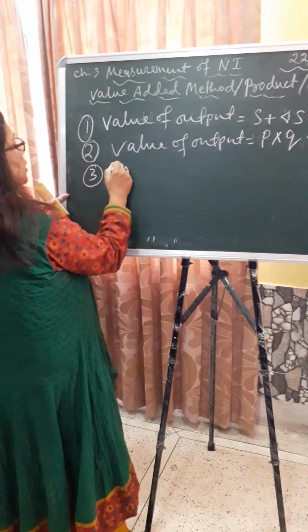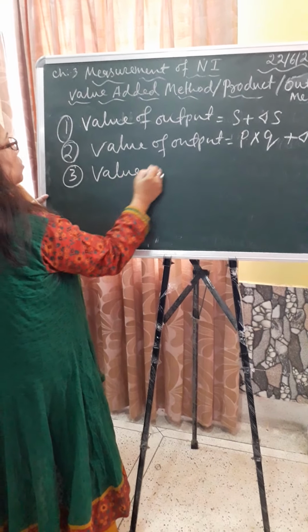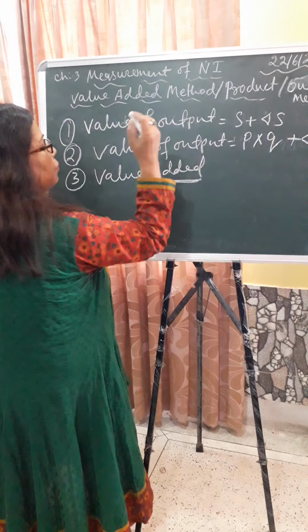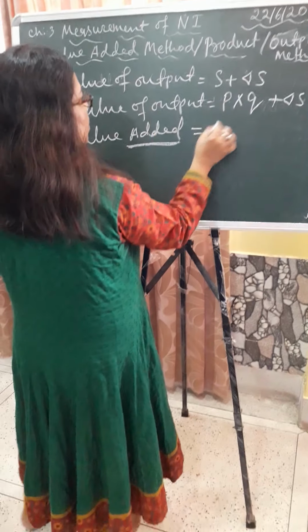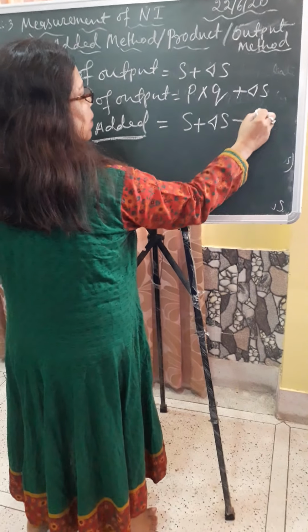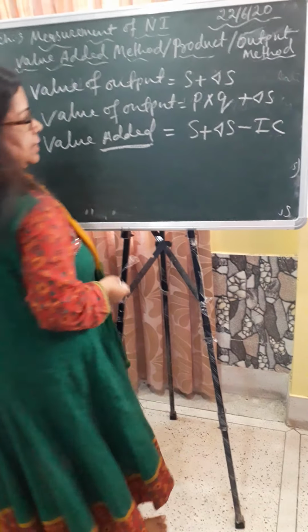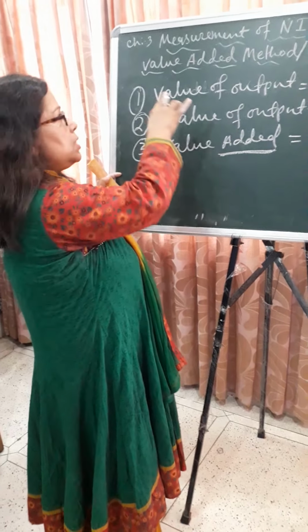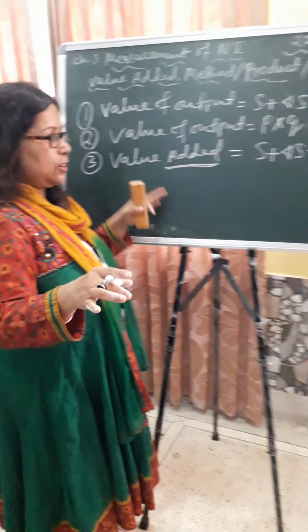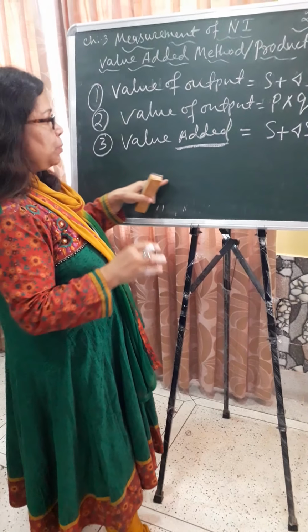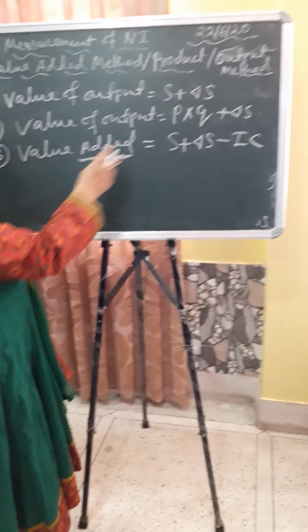Number 3, value added equals sales plus change in stock minus intermediate consumption. So these are the formulas used in the value added method, and with the help of these formulas you can calculate the numerical.